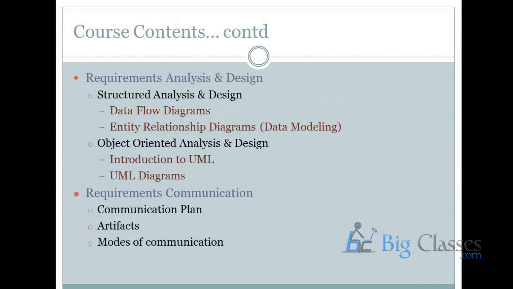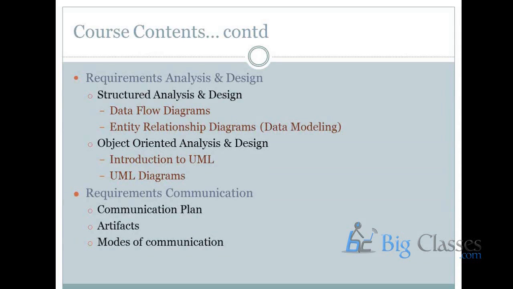Then during analysis, there are 2 basic frameworks: structured analysis and object-oriented analysis. Object-oriented analysis is mainly aligned with the Unified Modeling Language. From the current usage point of view, we are no more using structured analysis, because that was used for earlier procedure-oriented languages like Pascal or Basic, languages which are more process-oriented.